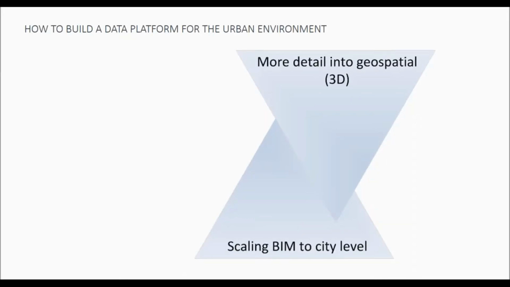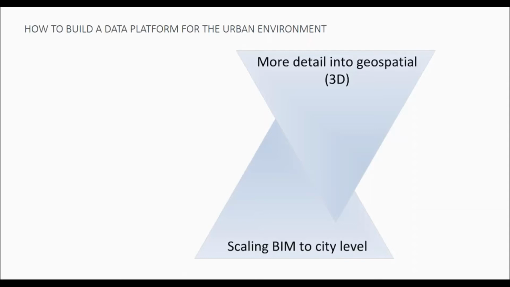So in order to build a data platform for the urban environment, one of the ideas that we're dealing with is that there might be two routes to get there. So one is to take geospatial data, to take this kind of view from above, from an airplane or photogrammetric sensor, for instance, and drive this into a bit more detail.